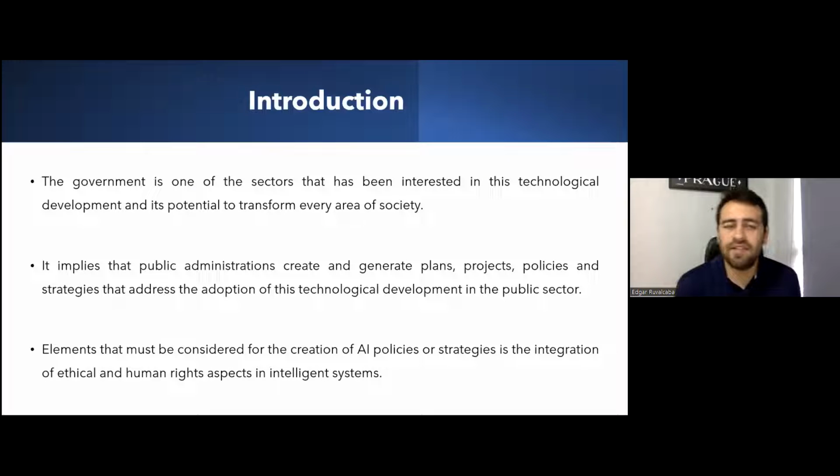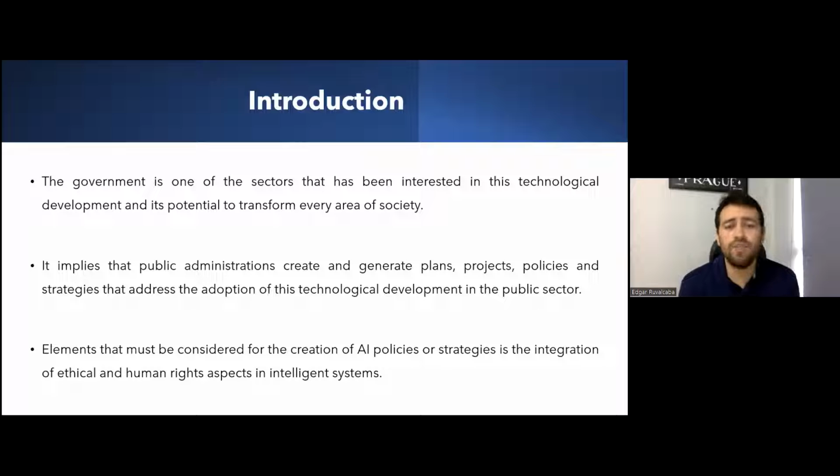But artificial intelligence is now in societies, now in companies, and is now affecting people. So the government cannot be indifferent to this phenomenon; it must try to track, regulate, and orient this kind of technology.